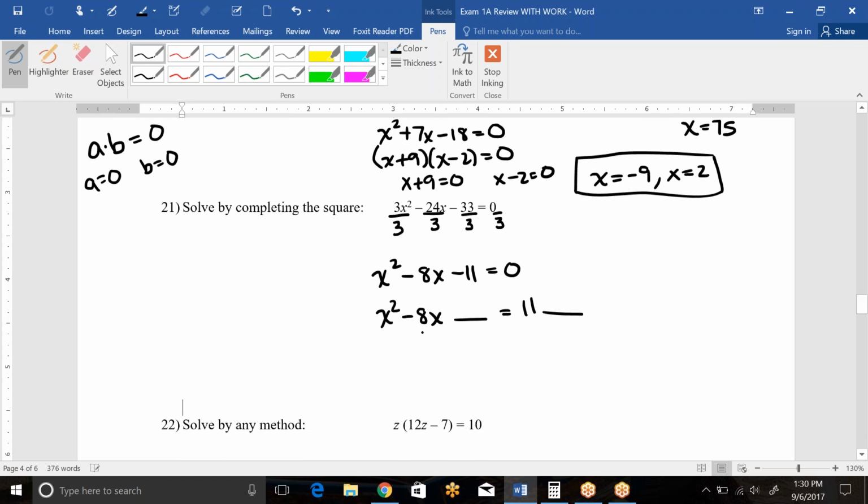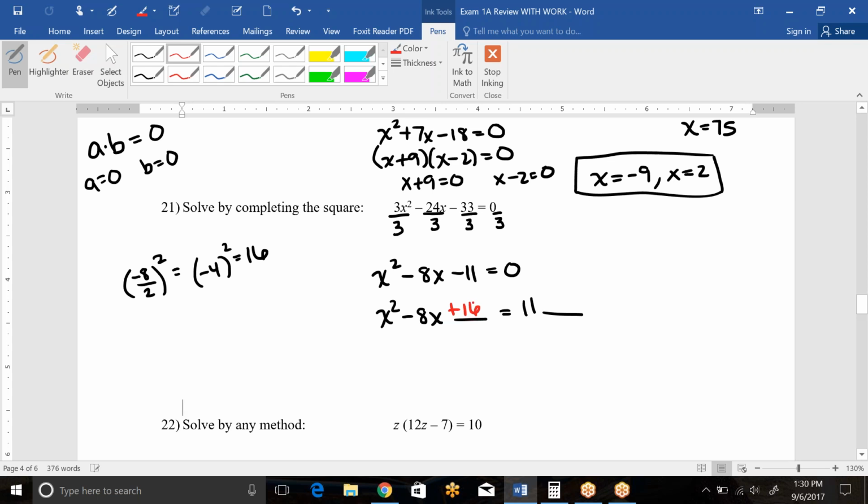To create this perfect square trinomial, we need something very nice to happen with our last term here. The way this works is you take half of the middle term, which is the b, so that's negative 8, and then we square that. So this is half of b squared. So that would be negative 4 squared, which is going to be positive 16. Now we're going to write that in here, and I want to show you that that actually does factor into two binomials that are identical.